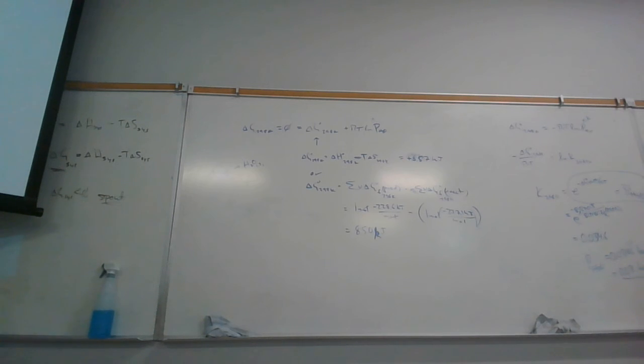So at 1 atmosphere, we have 100 degrees C or 373 Kelvin. If I go to 1/3 of an atmosphere, then it came out to about 340 Kelvin. If I go to 0.031 atmospheres, then it's going to come out to 298 Kelvin.